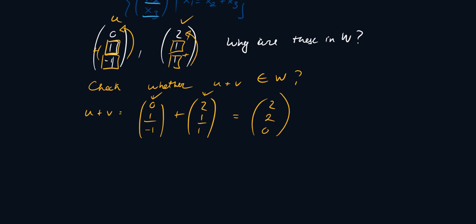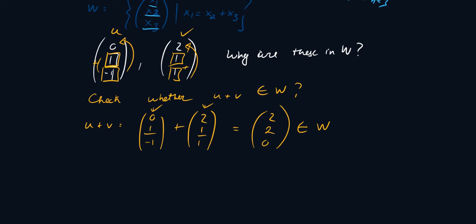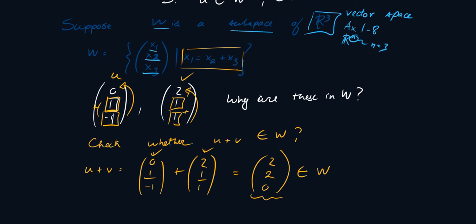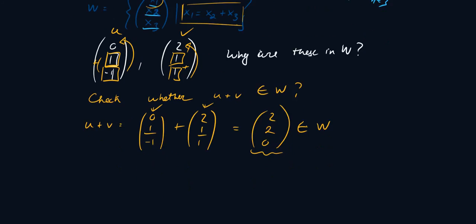Well, does this belong to W? You might ask what this vector has to do with my subspace. Think back at the actual definition of W. The definition of W has one condition. It's a subset of R3, and it has the particularity that the first component is equal to the sum of the next two components. So is that the case?